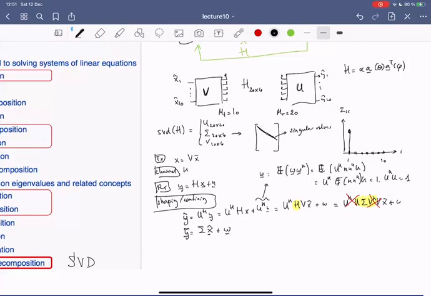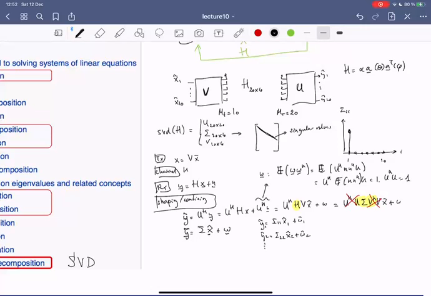Good. We recall what sigma looks like, so then we can say y tilde 1 is sigma 1,1 x tilde 1 plus w tilde 1. That's the first entry in y. y tilde 2 is sigma 2,2 x tilde 2 plus w tilde 2.